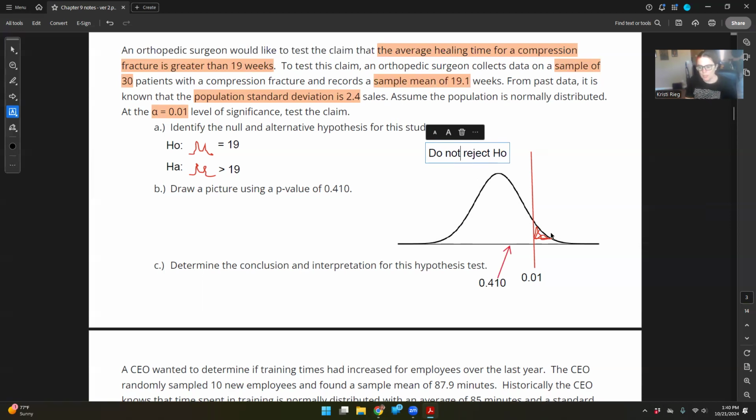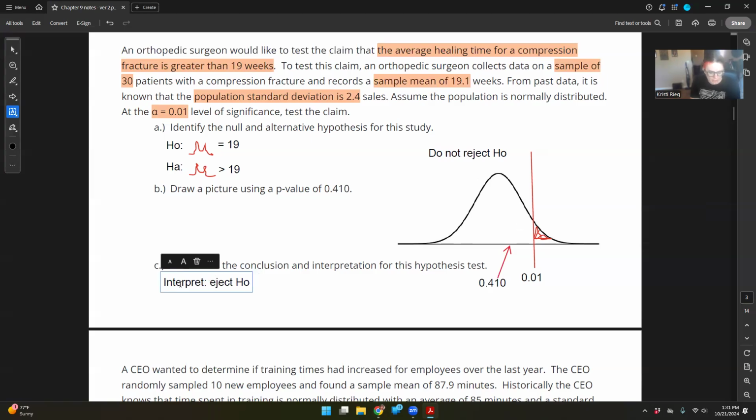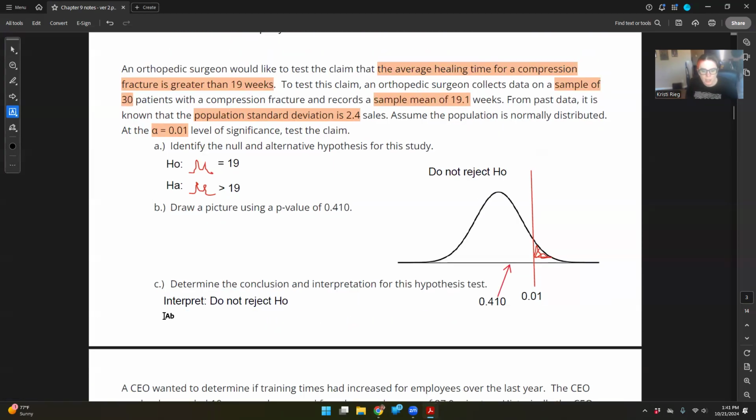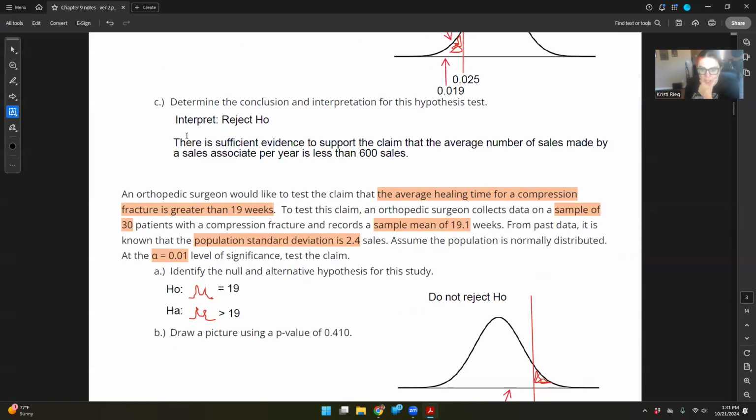So draw a picture is over here. Determine the conclusion and interpretation. So to interpret, we say do not reject the null. And then for our conclusion, we are going to say there is not sufficient evidence to support the claim that, notice up here, when we reject it, there is sufficient evidence to support the alternative.